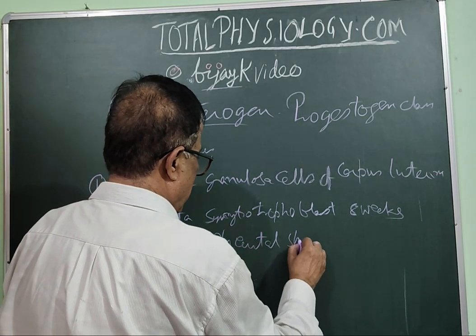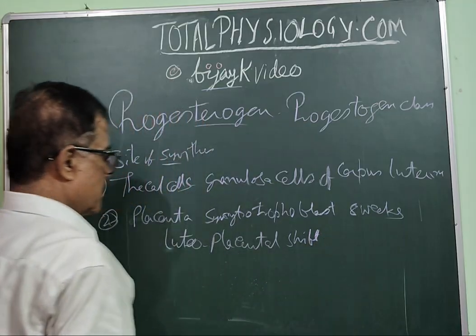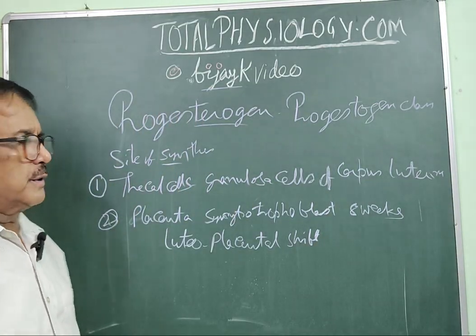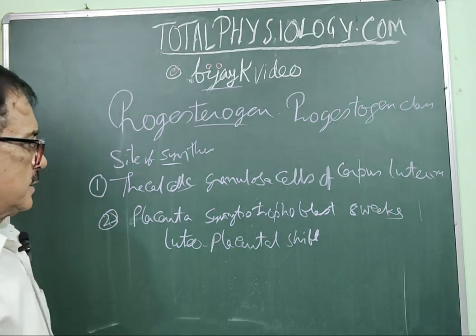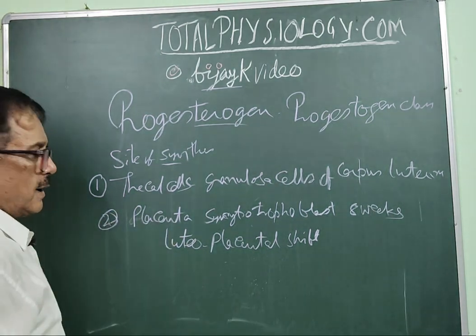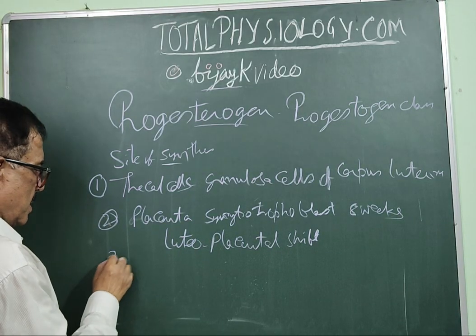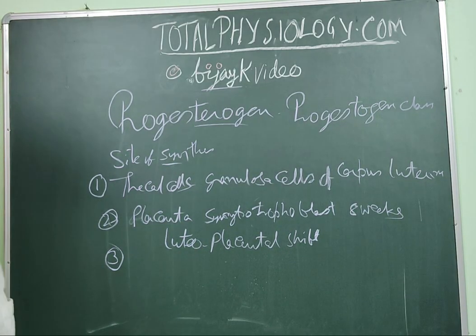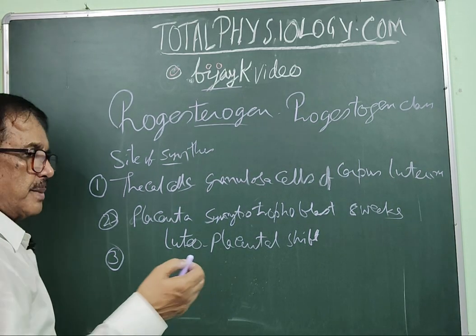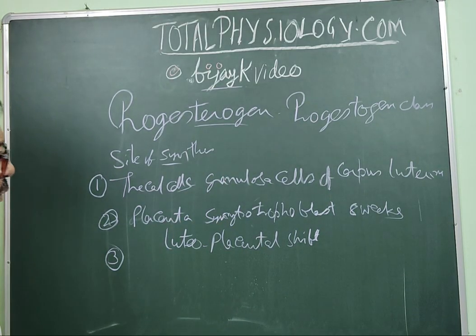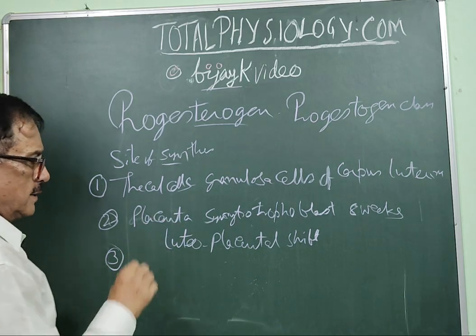Before pregnancy, it was secreted from corpus luteum, thecal cells or granulosa cells. After 8 weeks, the placenta will form progesterone and it will increase as pregnancy progresses. Luteo means from corpus luteum to placenta syncytiotrophoblast.